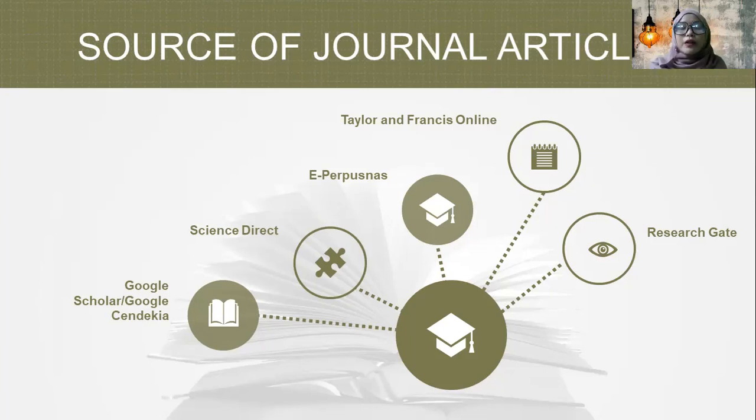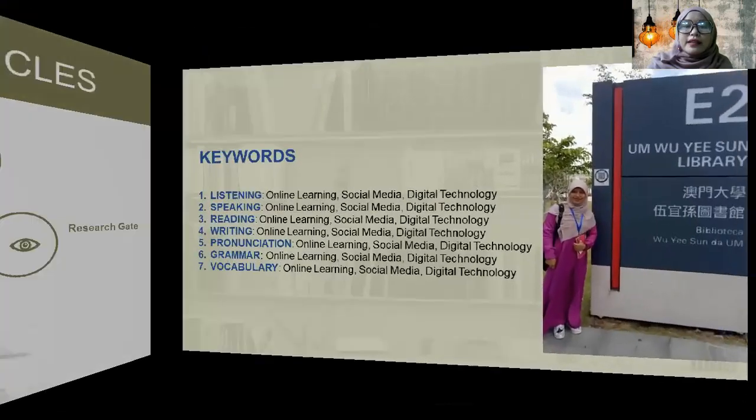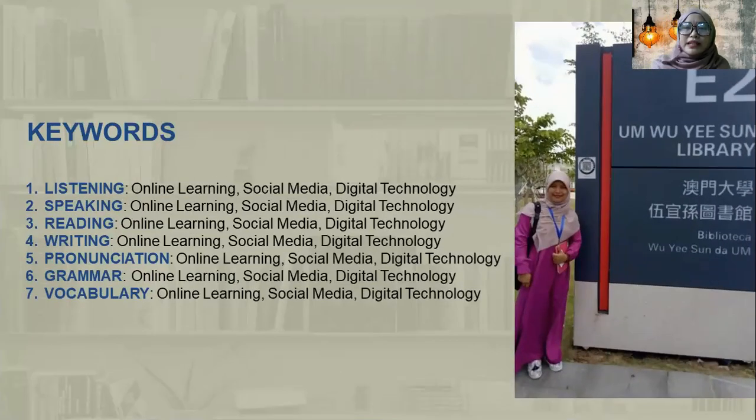In these platforms, you could find even millions of articles. But here is the focus. Like I told you last week, it is 20 articles only, right? So let me tell you the keywords you're gonna search on these platforms. There are 7 keyword skills.